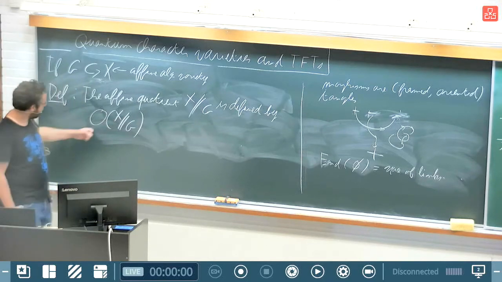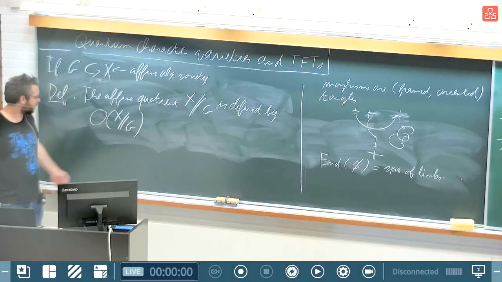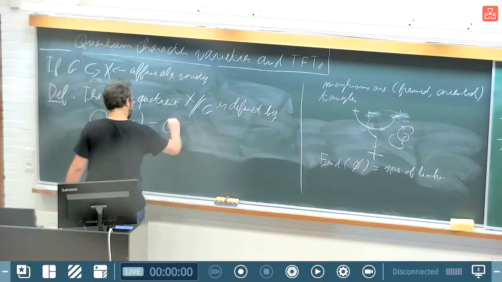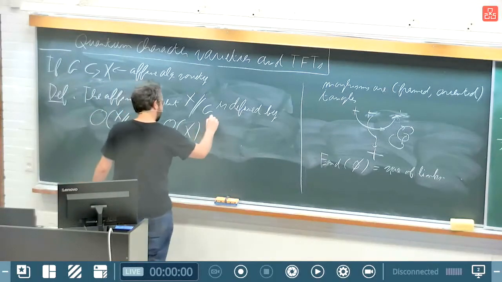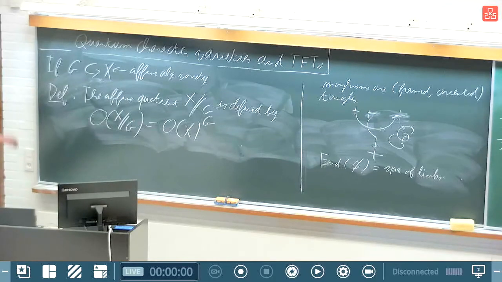Well, in particular, there should be polynomial functions on X. And the only reasonable thing to do is to ask for the invariant part of the algebra of polynomial functions on X.